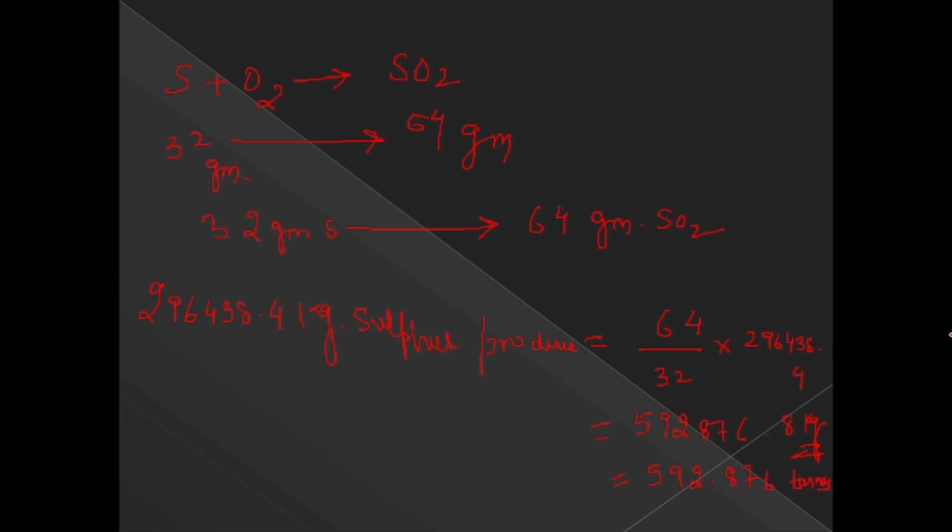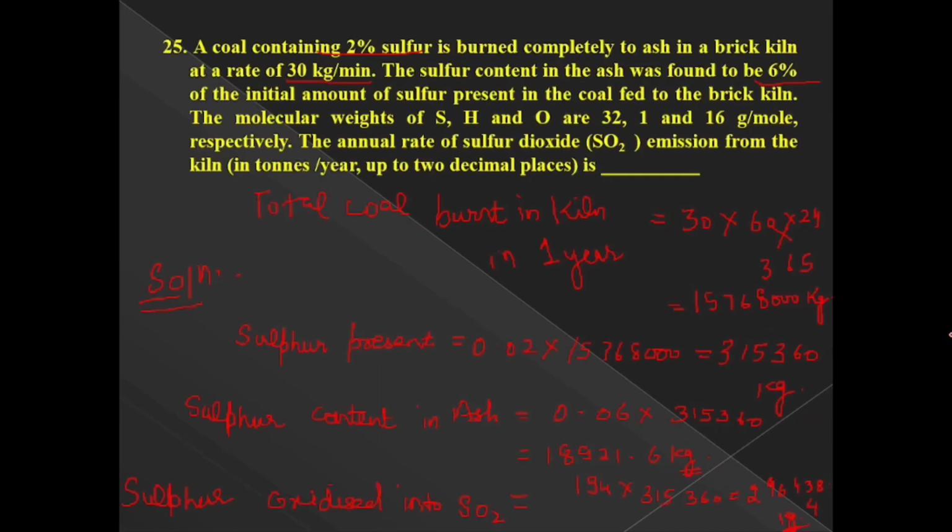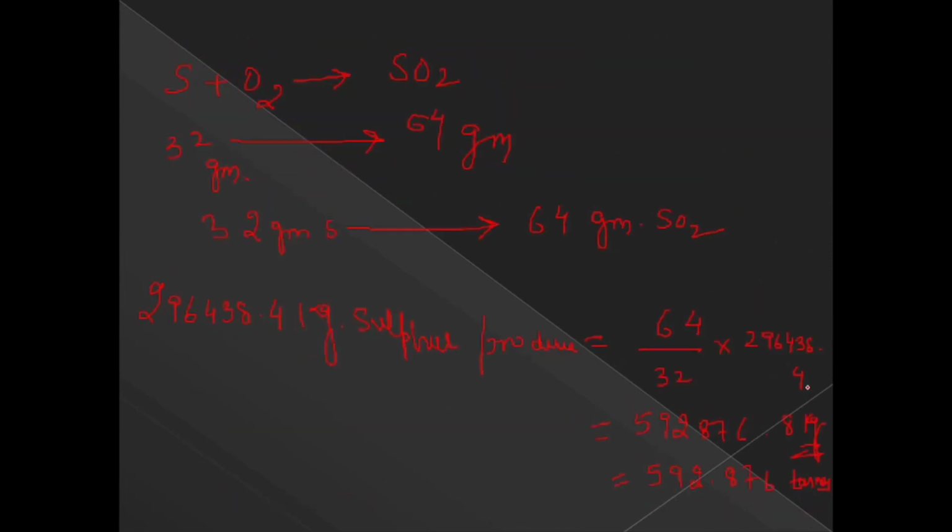So my students, in this problem, total coal burnt in the kiln we have calculated, sulfur present we calculated according to 2% sulfur, and 6% goes to the ash, which we have calculated. Sulfur oxidized into sulfur dioxide according to 0.94 into the total amount of sulfur present. So 32 gram sulfur is responsible for 64 gram of sulfur dioxide.